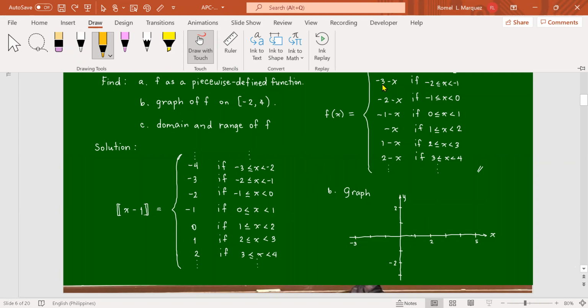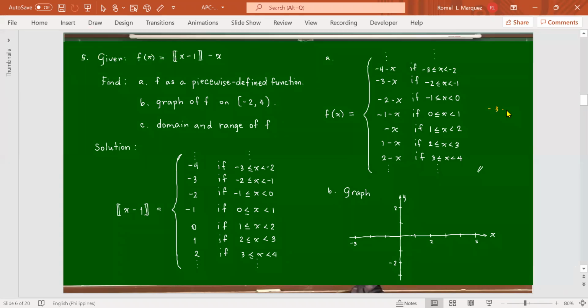When x is negative 2, negative 3 minus negative 2 is negative 1.